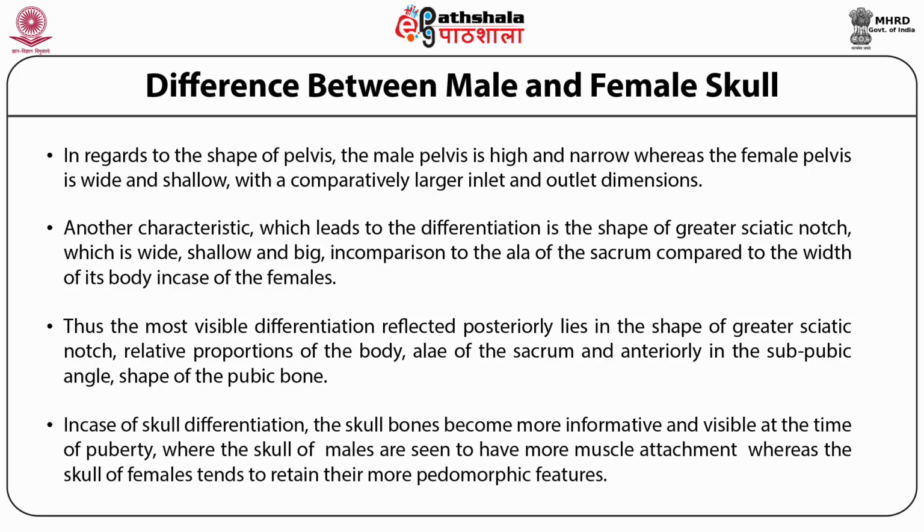In case of skull differentiation, the skull bones become more informative and visible at the time of puberty, where the skull of males is seen to have more muscle attachment, whereas the skull of females tends to retain more pedomorphic features.